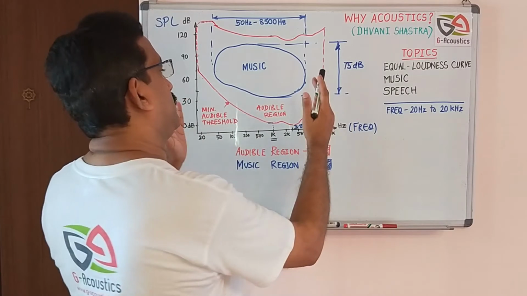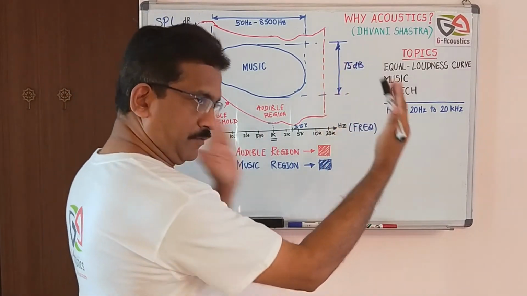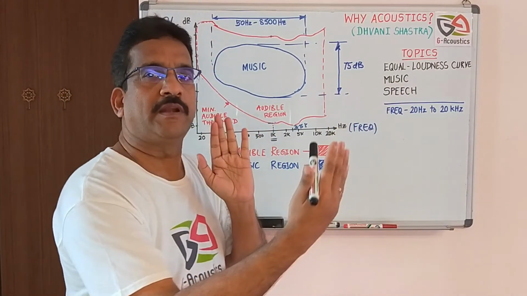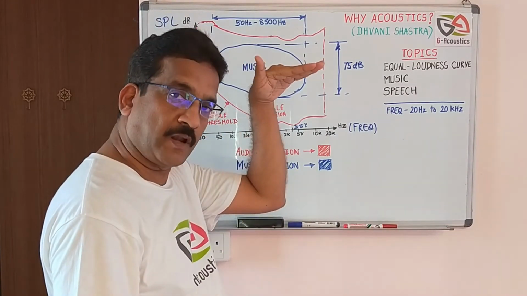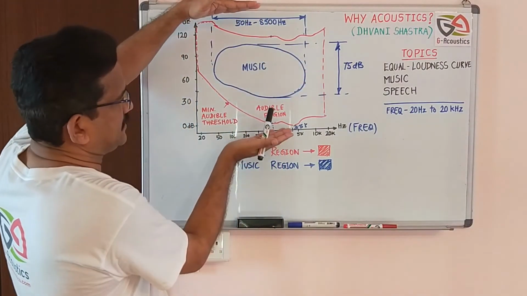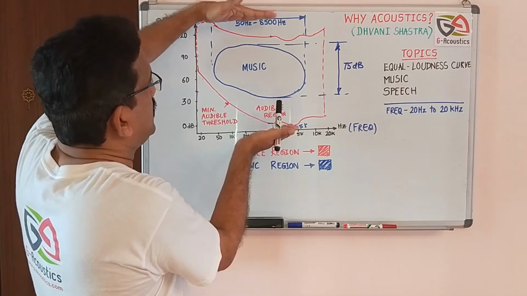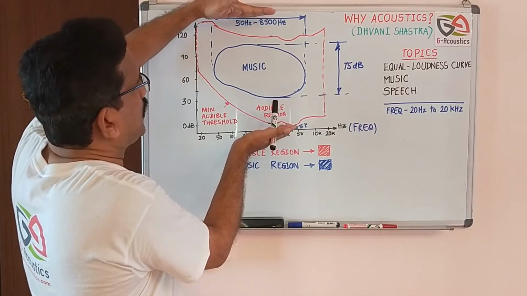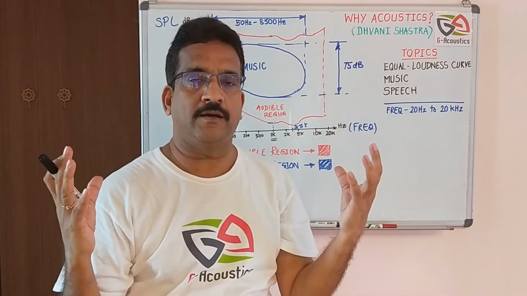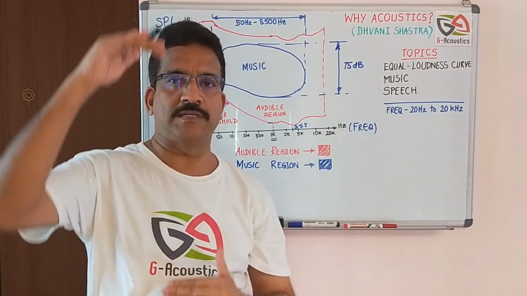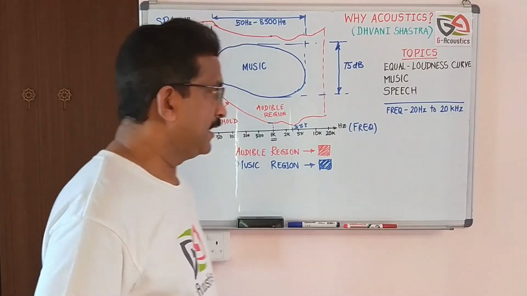Now it is bounded by frequencies between 20 hertz to 20 kilohertz, and in terms of loudness level, on the y-axis you can see it starts from 0 dB and may go up to 120 to 130 dB. So that is the audible area bounded by frequency and SPL.